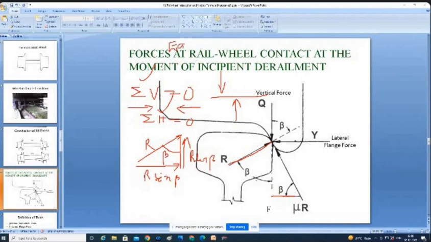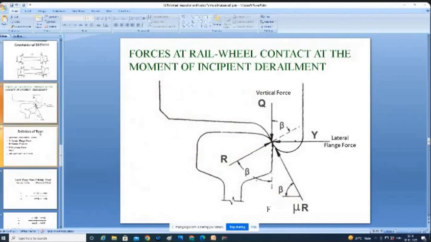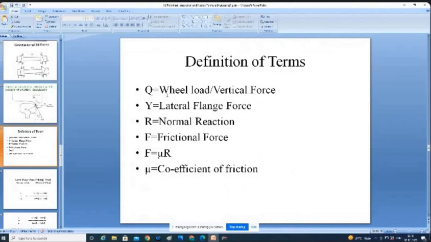Our engineers might have studied this in engineering mechanics or strength of materials. If you apply that, you will land in this picture. Here the definitions: Q is the wheel load or vertical force, Y is the lateral flange force, R is the normal reaction, F is the frictional force, F equals mu into normal reaction, where mu is the coefficient of friction.